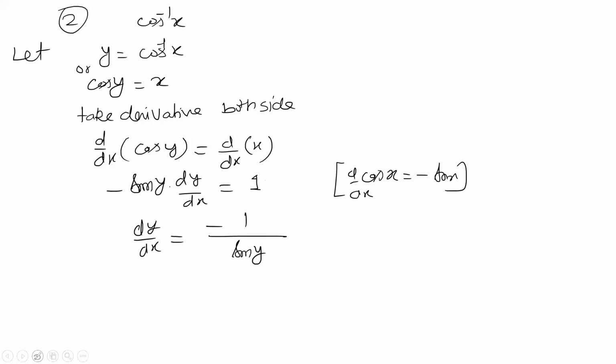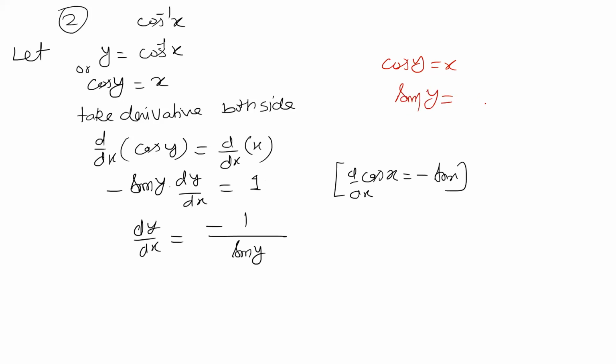But I want to substitute the value of sin y in terms of x. So what need to do? We know cos y is equal to x, but I want to find out sin y. Then how to do that?